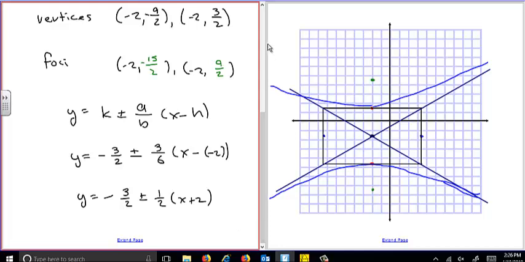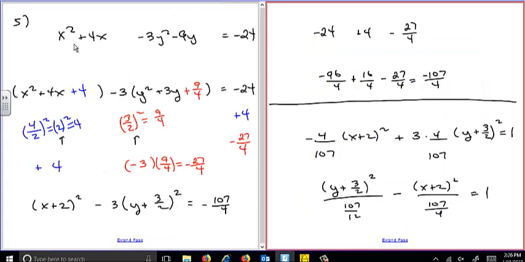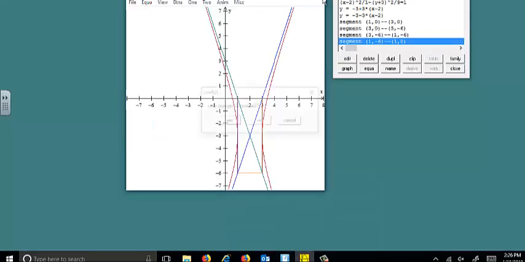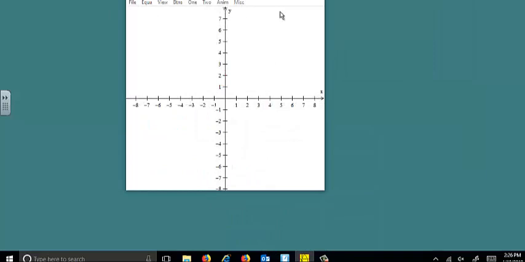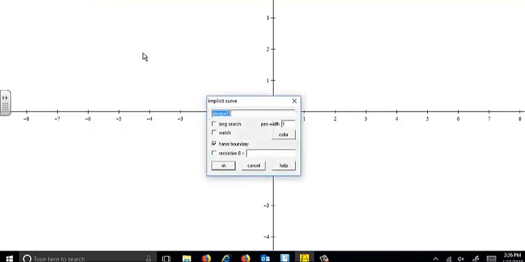And let's just check this out. So we're going to plot the original function. We're not going to put it in standard form. I'm just going to plot it. So the way you do that, let's close this thing. So we put an equation in. So we're going to do the implicit version.